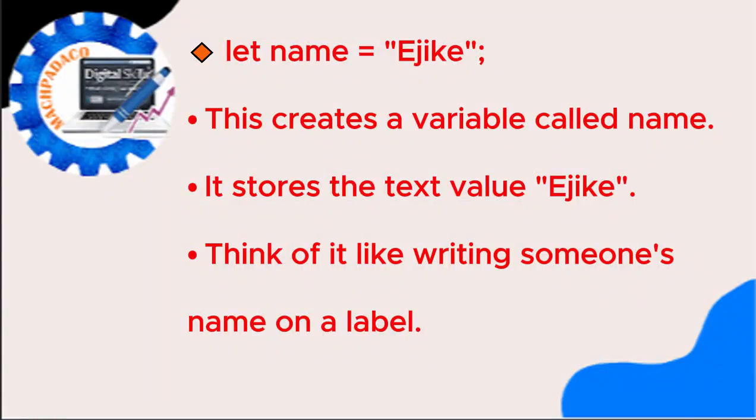The code let name is equal to AGK creates a variable called name. It stores the text value AGK. Think of it like writing someone's name on a label.